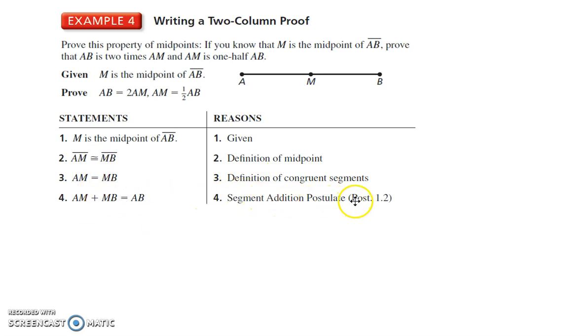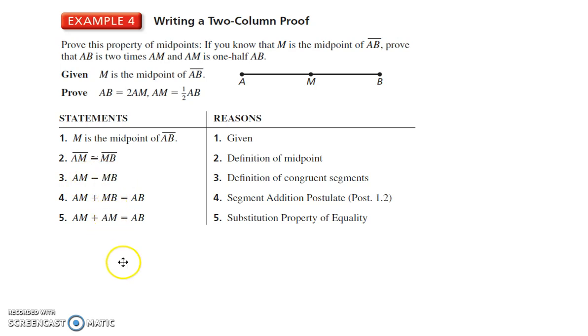The segment addition postulate, remember postulate 1.2, tells us that if I add these two together, I get the measure of AB. Now I can substitute AM here for MB because in step 3 I showed that they are equal measures.